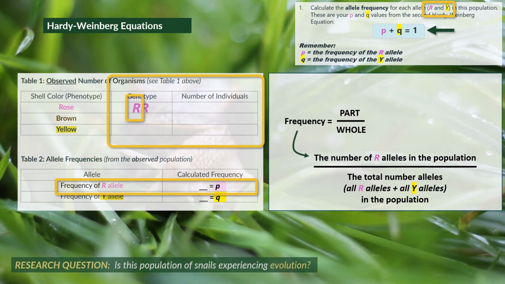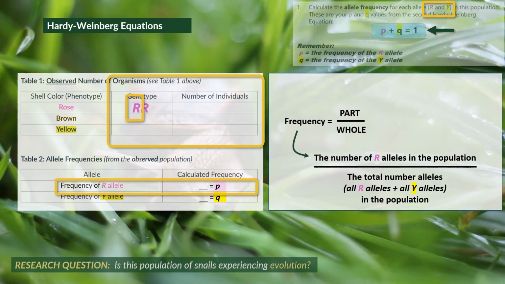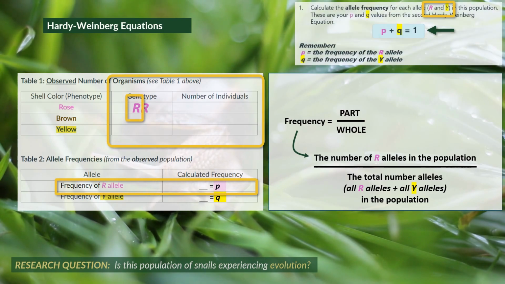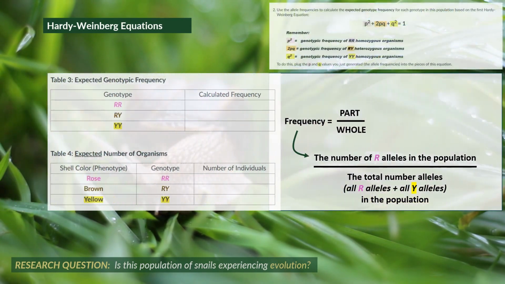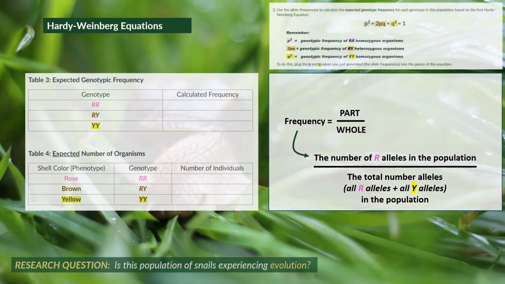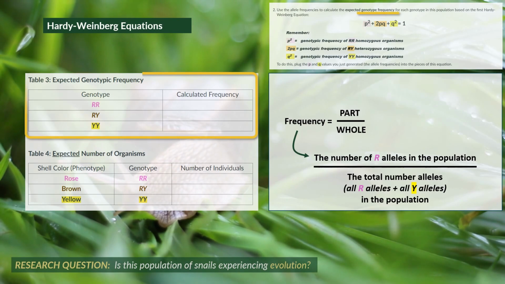Make sense? Okay, so that's part 1 of this step. You're going to calculate your allele frequencies for each allele, R and Y, in this population. The next step is you're going to use the allele frequencies that you just calculated to then calculate the expected genotypic frequency for each genotype in this population.